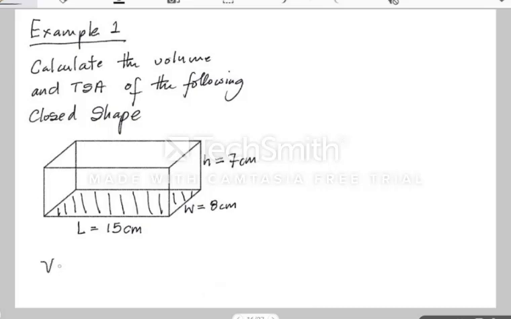So V is equal to what? A times H. A in the formula stands for the area of the cross section, and H stands for the height. For a cuboid, the cross section is a rectangle. So A in the formula is length multiplied by width, and then to get the volume, you multiply by the height.